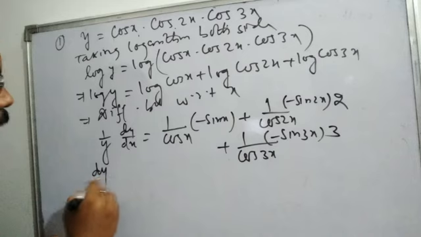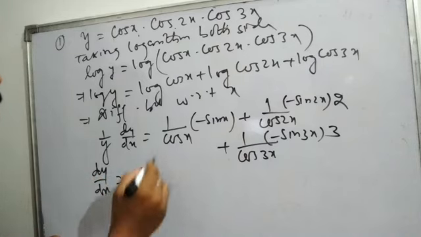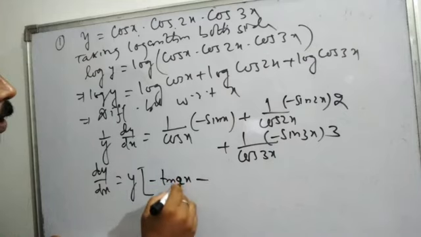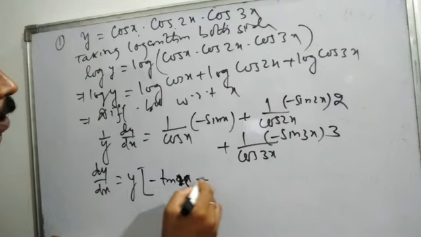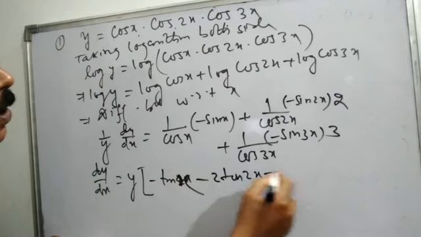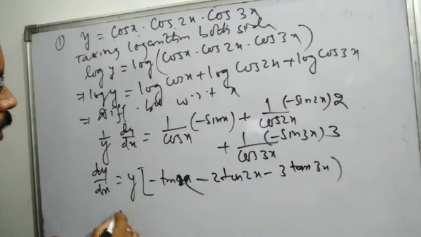So finally you will get dy by dx is equal to y into minus tan x, minus 2 tan 2x, minus 3 tan 3x.